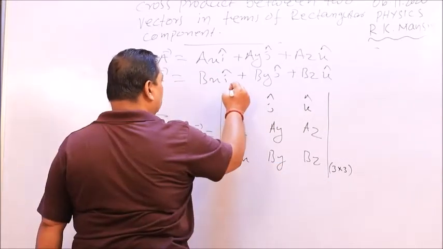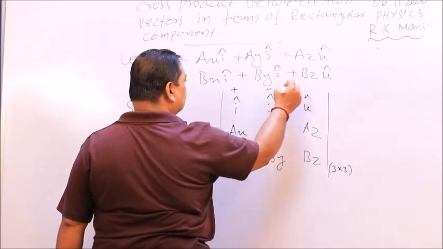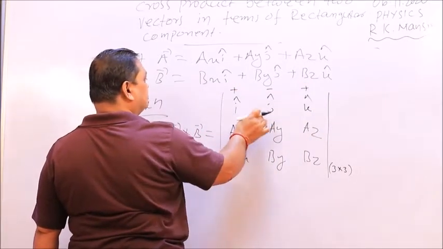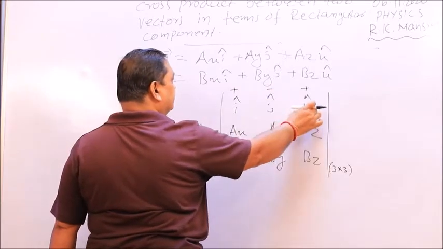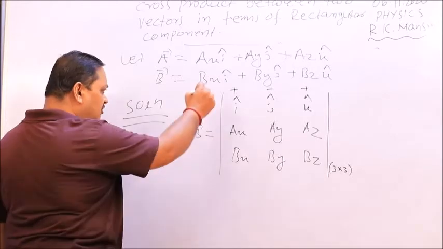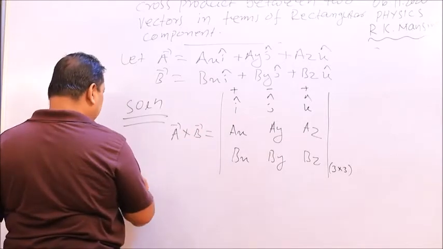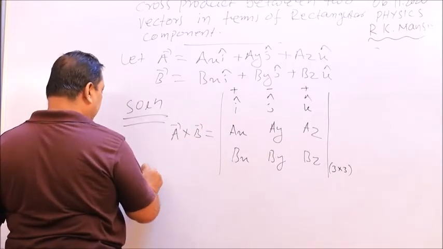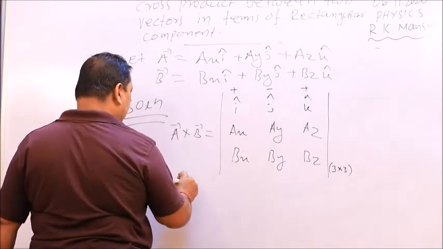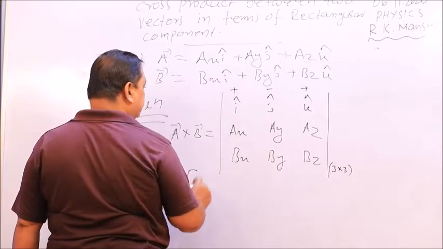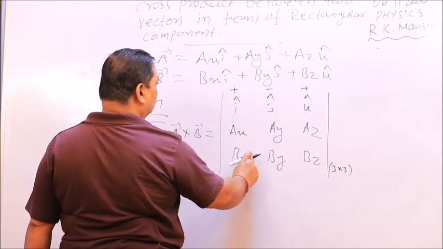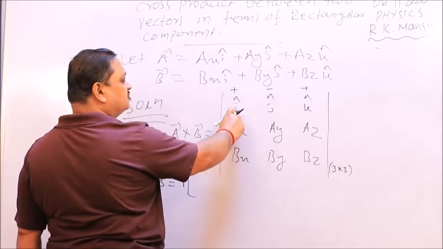So, always the signs are plus, minus, plus. The first i cap is always positive, j cap always negative, k cap always positive. Now we have to break this determinant, then we can find A cross B. A cross B equals i cap times: you just remove the first row and first column, both connected to i cap.